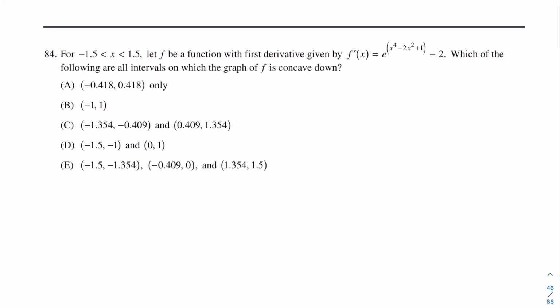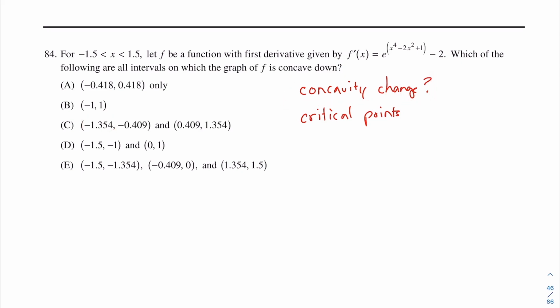So what we need to do here is find two things. It's points where concavity changes. So where does concavity change? And then what are our critical points? The reason we care about where concavity changes is that it marks the boundaries.